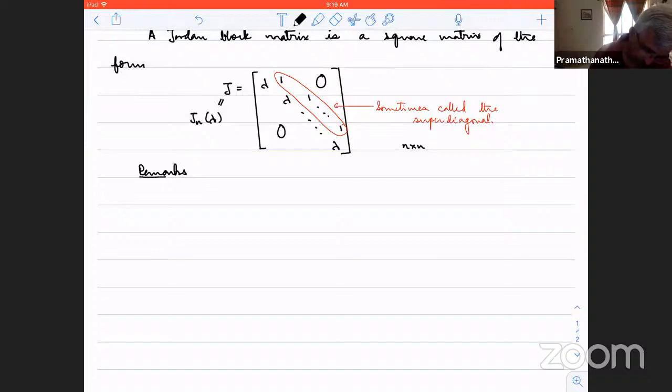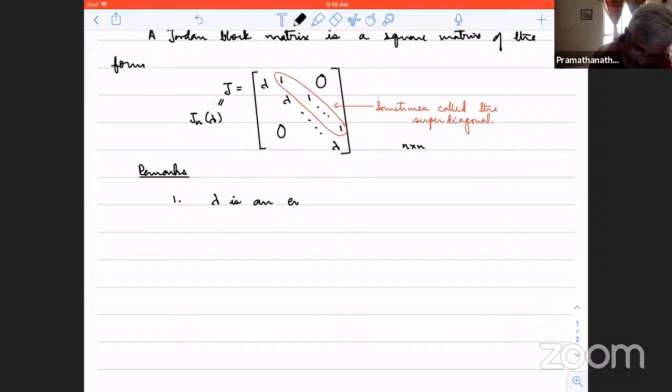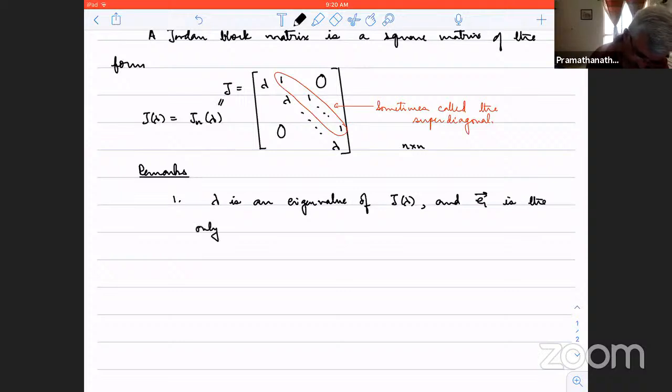One, lambda is an eigenvalue of J lambda, and e1 is the only eigenvector of J lambda.